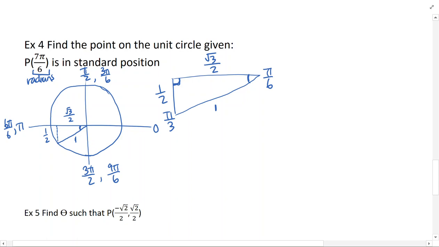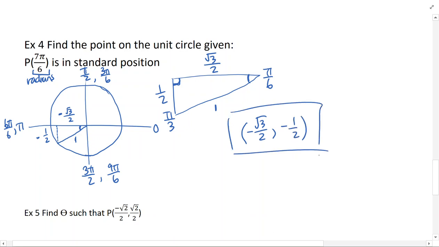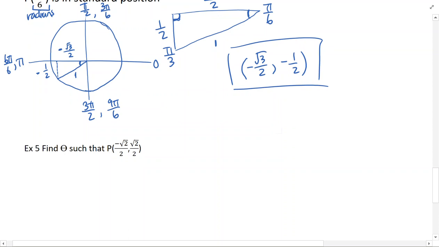And since we're in quadrant 3, we do know we're going in the negative and negative here. Therefore, the point that we're looking at is negative root 3 over 2, negative half. This is that point. All right, next question.